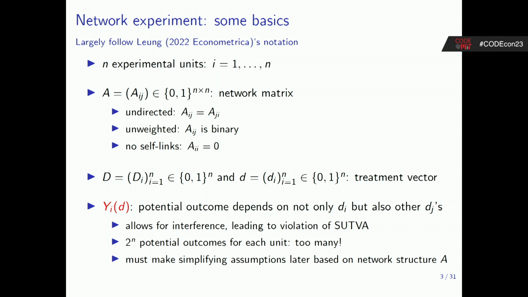Using our potential outcome notation, every unit i has many potential outcomes, Y_i(d), because this d vector can take 2 to the power of n possible values. Now we have 2^n potential outcomes. This is a large number, too many of them, and later we will make some assumptions to simplify the problem. Okay, this is the framework.